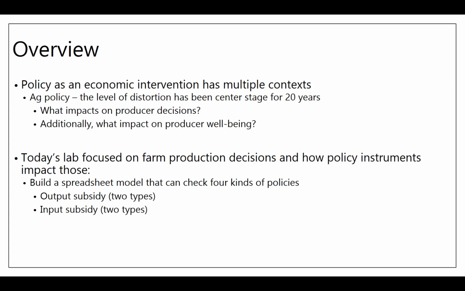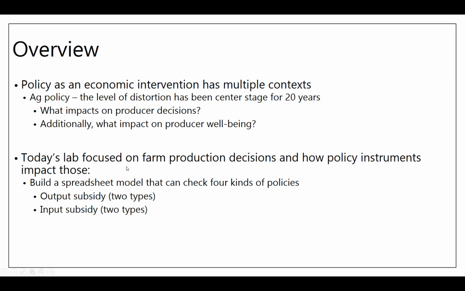And so one of the things we might do in a starter version of a policy model is think about, how does policy impact producer decisions? And we might bridge that and go on and say, how does it impact well-being? Okay, and so we'll try to hit on both of those today. And so that's how our lab is focused and what we're going to build up to.